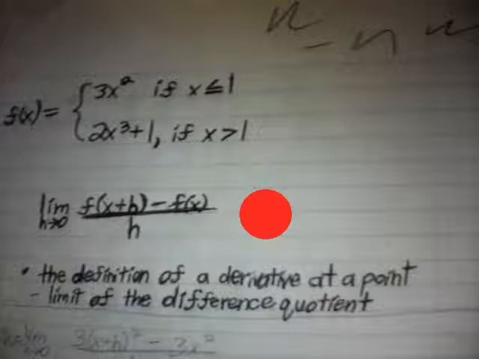Okay. Now, to start with, we will find the derivative of 3x squared through the limit of the difference quotient process, which is the limit as h approaches 0 of f of x plus h minus f of x all divided by h. That will give you the derivative.